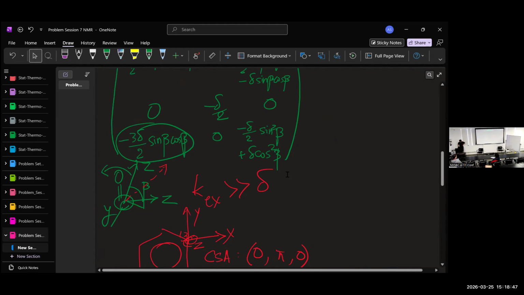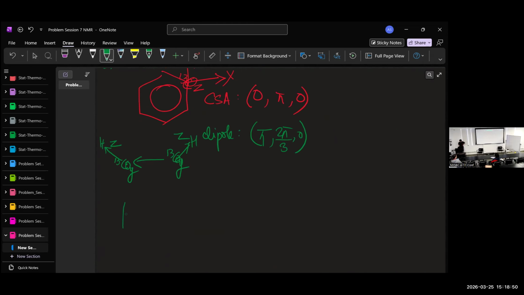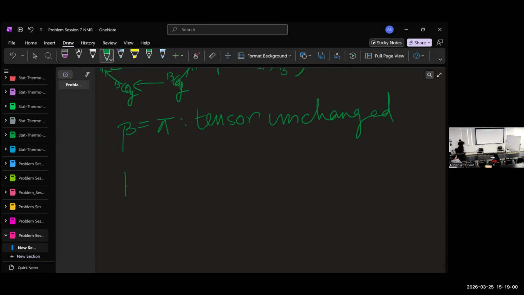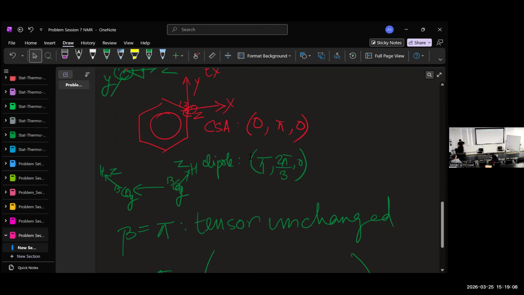So beta equals 0: the tensor is unchanged. Then beta equals pi over 2. What does the rotated tensor look like? Wait, should that be 4 pi over 3? Sorry.